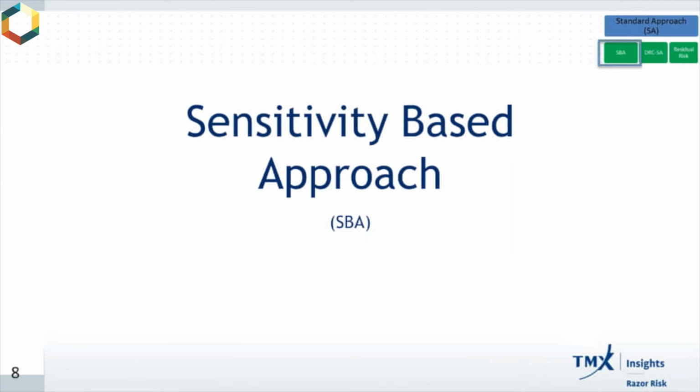So now let's talk about the sensitivity-based approach. As we mentioned, it is a significant change for the standardized approach. SBA was added at the final stage of FRTB. Originally, until CP2, the FRTB standardized approach was cash flow based.